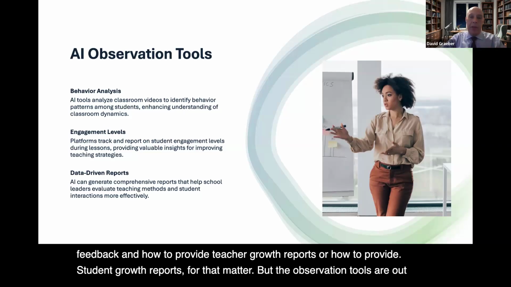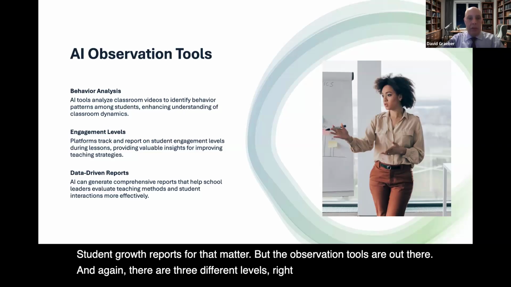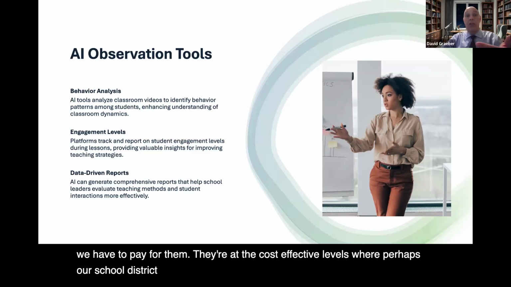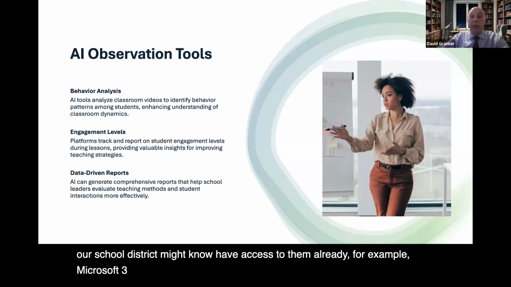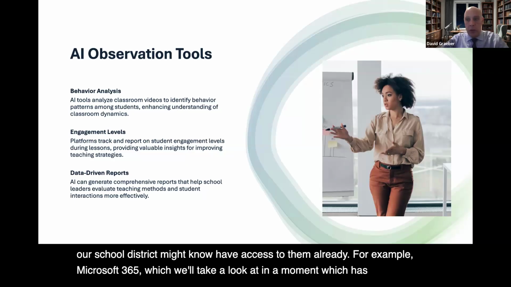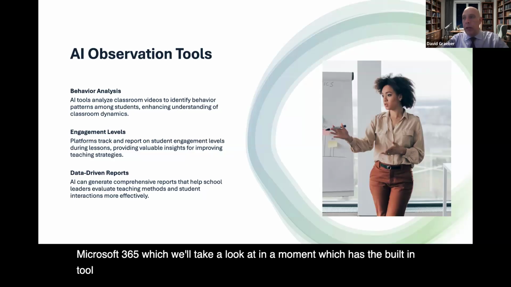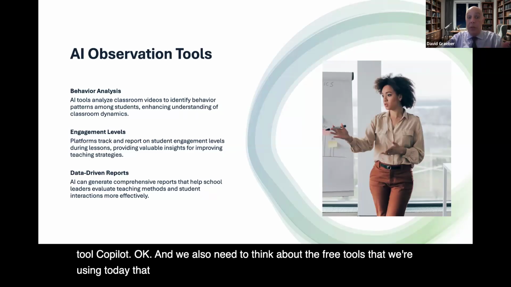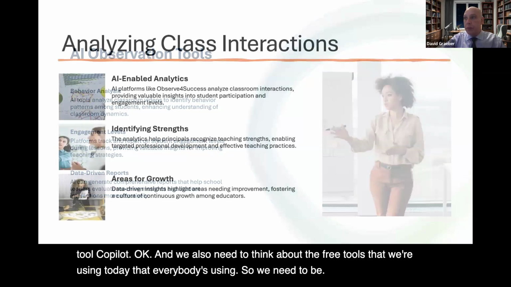And again, they're at three different levels. They're at the cost levels where we have to pay for them. They're at the cost-effective levels where perhaps our school district already has access, for example Microsoft 365, which we'll take a look at in a moment, with its built-in tool, Copilot. And we also need to think about the free tools that everybody's using today, so we need to be versed in those.